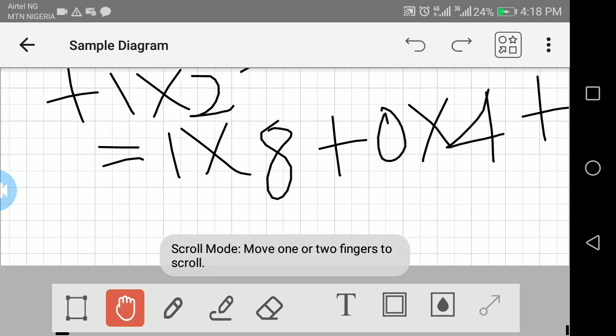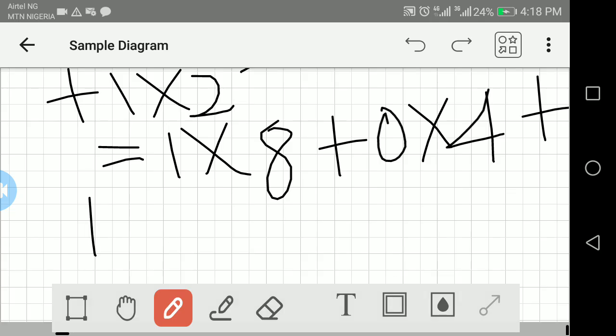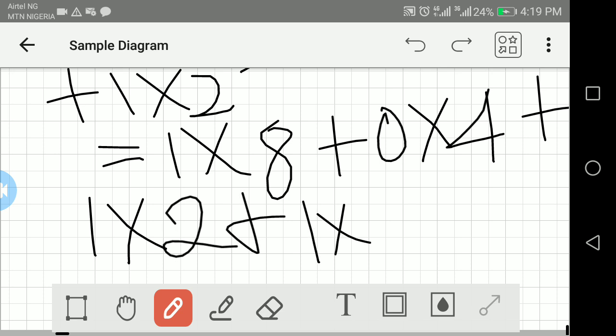Plus 1 times 2 to the power of 1, which is 2, plus 1 times 2 to the power of 0, which is 1.